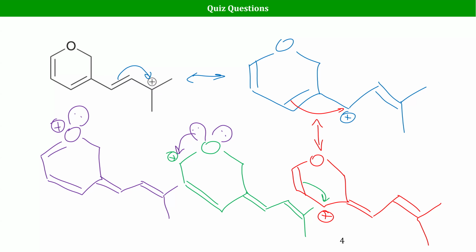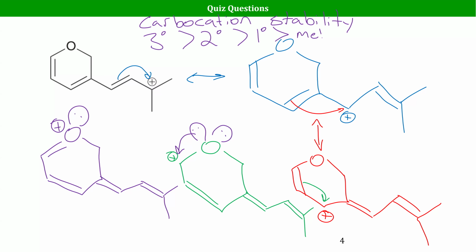But for now, we can just say that for carbocations, a tertiary carbocation is more stable than secondary, is more stable than primary, is more stable than methyl.